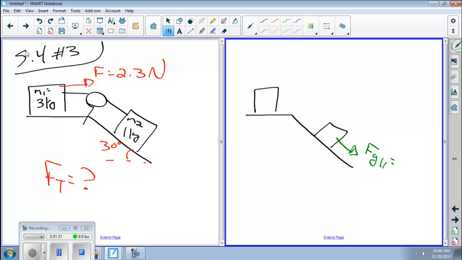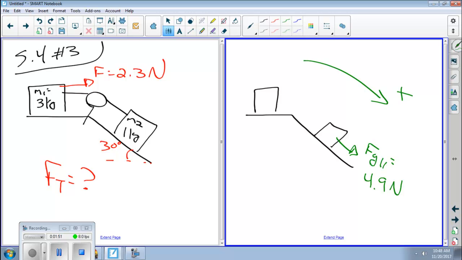You want to make this way positive? Okay. So 4.9 newtons is your FG parallel. I'm not even going to worry about the perpendicular and normal forces. Why don't I need to worry about that? There's no friction, right? Okay.